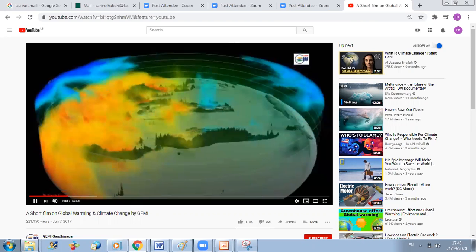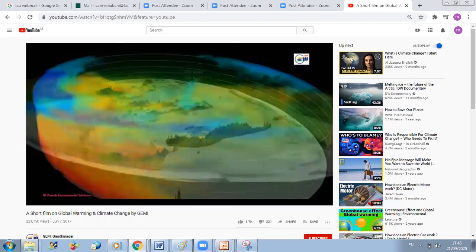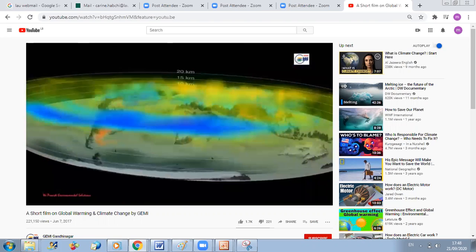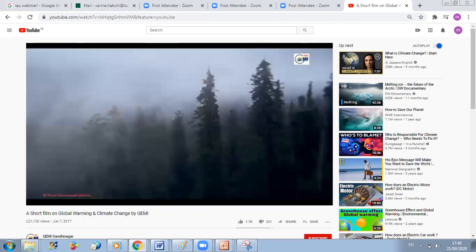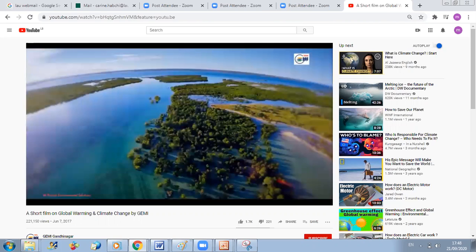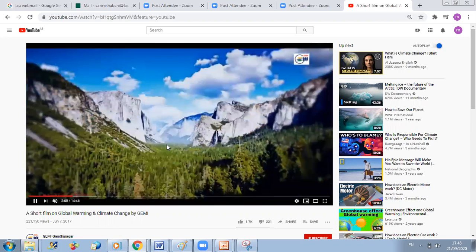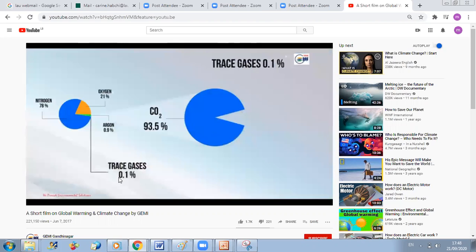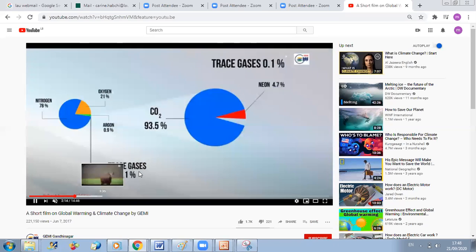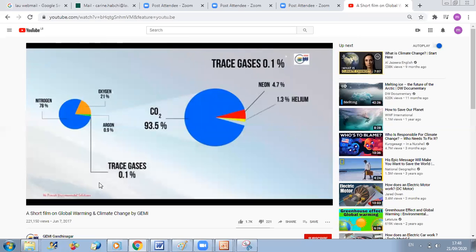And one of the most important tracer gases are CO2, neon. And these gases contribute to the global warming effect because they trap infrared radiation. This is why we should not exceed the percentage that is in normal balance in the atmosphere. So in general, the sum of all tracer gas percentages should be lower than 0.1%.